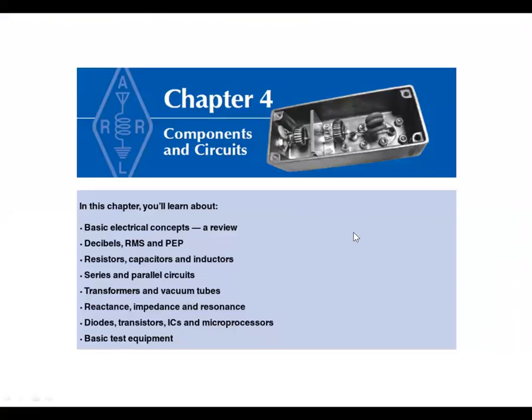So this is chapter 4. We touched on this in the technician level training, basic electrical concepts. We talk about decibels, RMS, which is root mean square, a mathematical calculation, and PEP, peak envelope power of a signal, which can also be understood with a little math. We'll get into resistors, capacitors, and inductors.